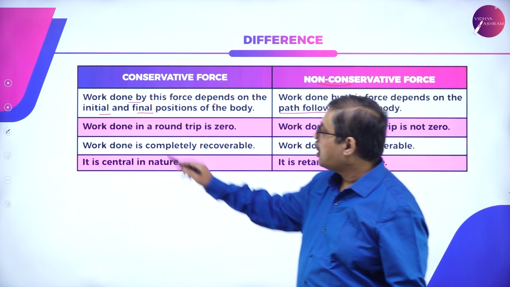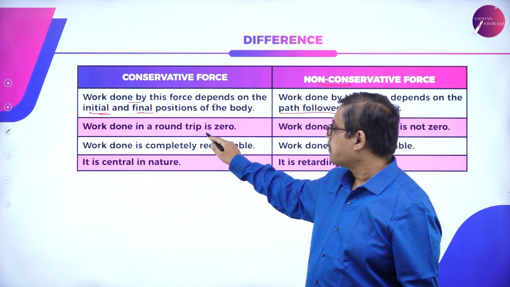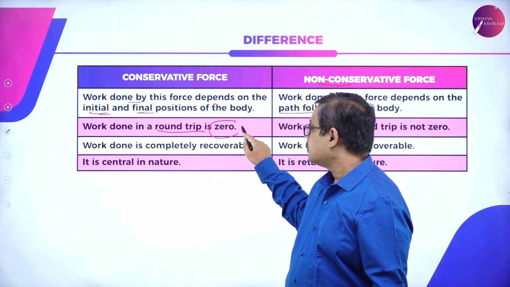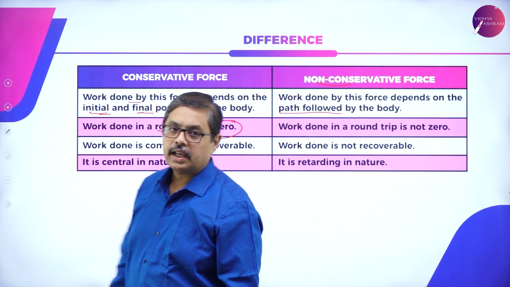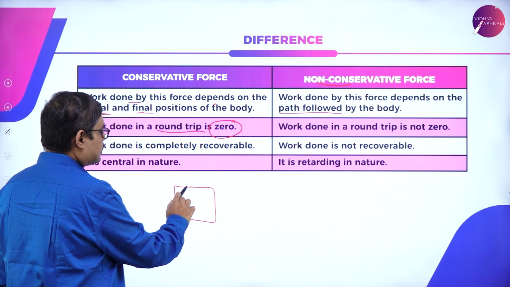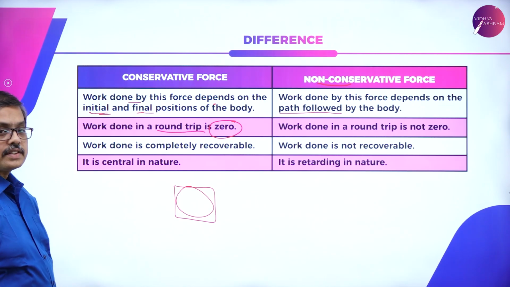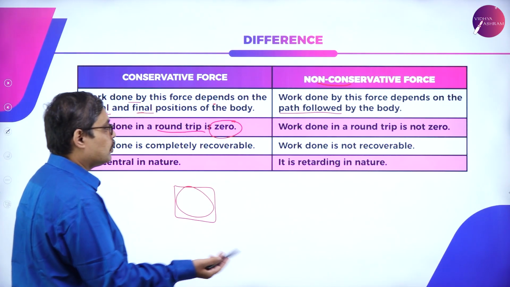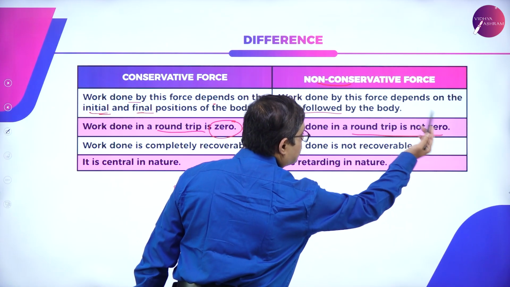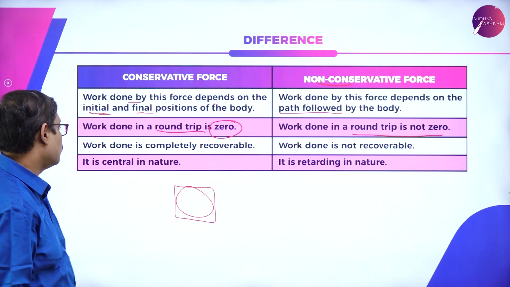Work done in a closed path or a round trip is said to be zero. If the path followed is circular in nature, work done is zero for a conservative force, whereas for a non-conservative force it is not zero because the path followed plays an important role.